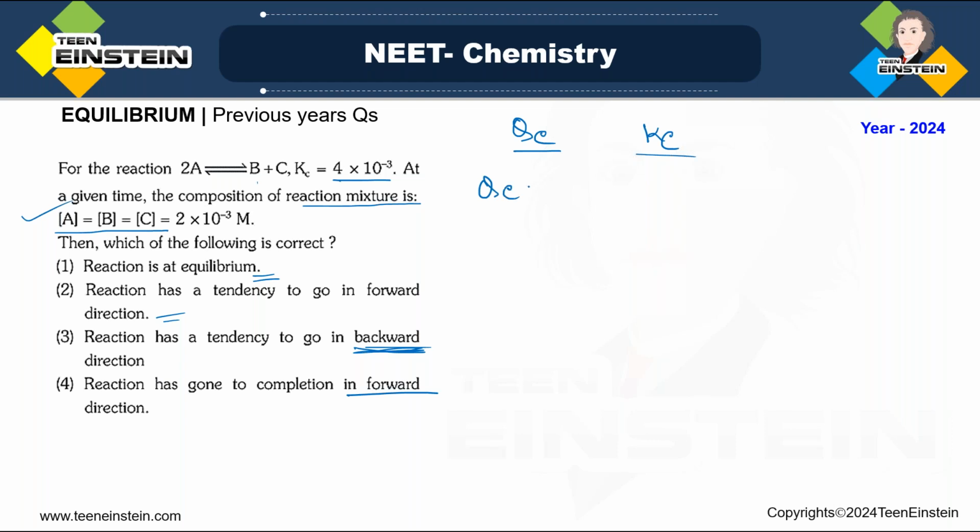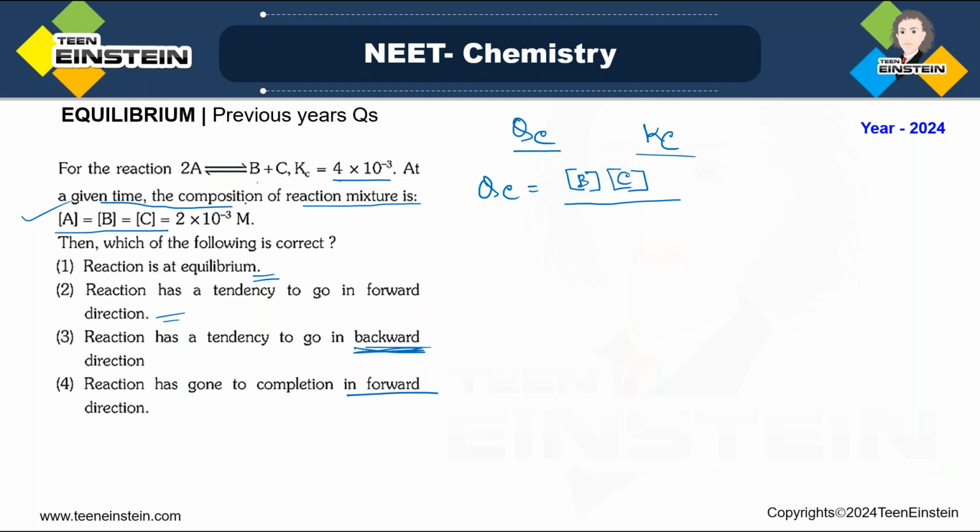For the calculation of Qc, we write the expression just like you do for Kc. The only difference is that in this expression, the concentrations of B, C and A that you put are those at a given time. The reaction has already started, but equilibrium is not reached.